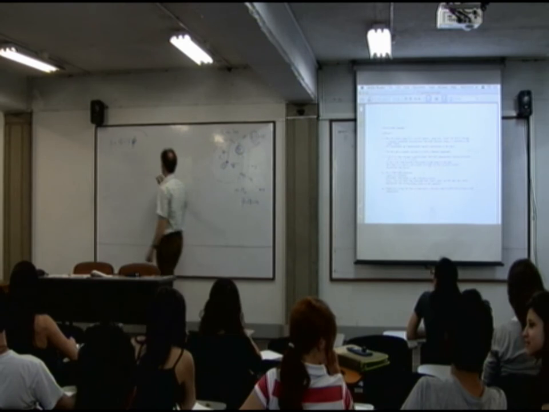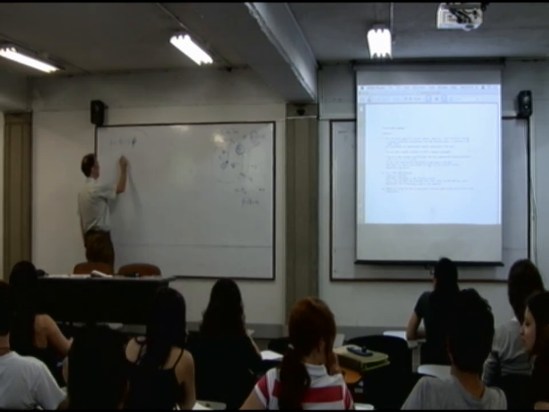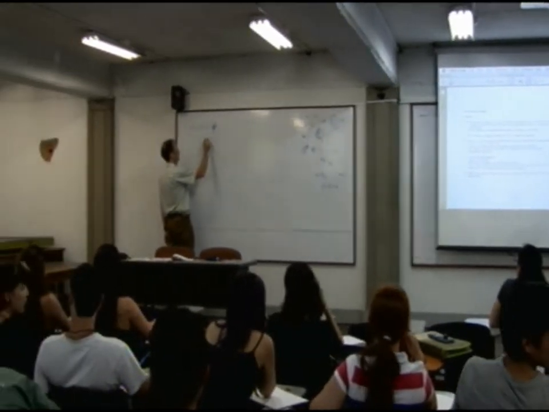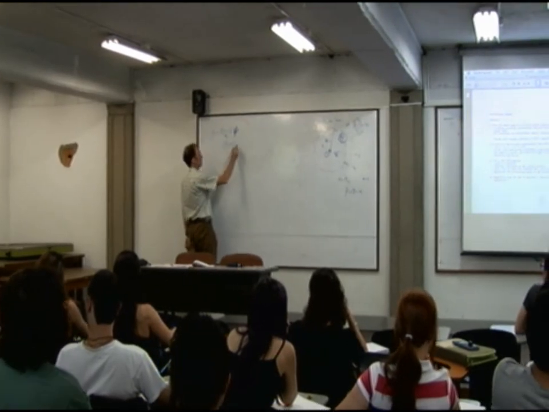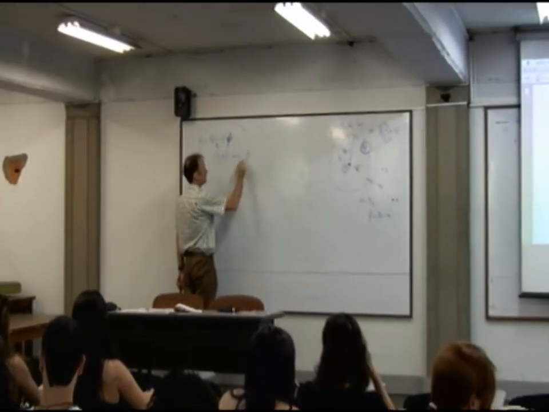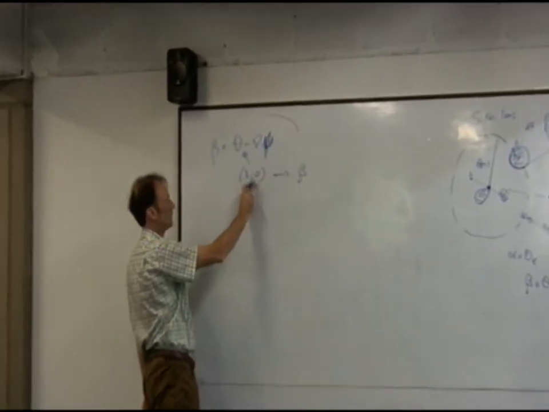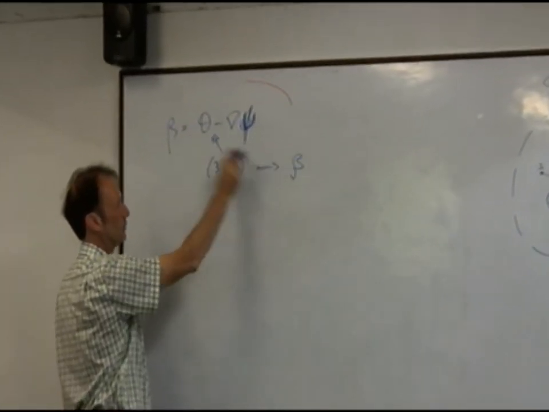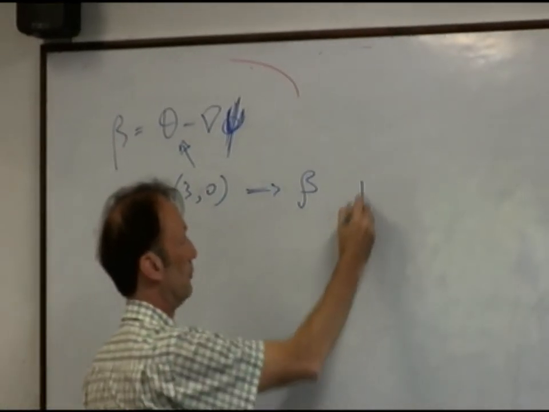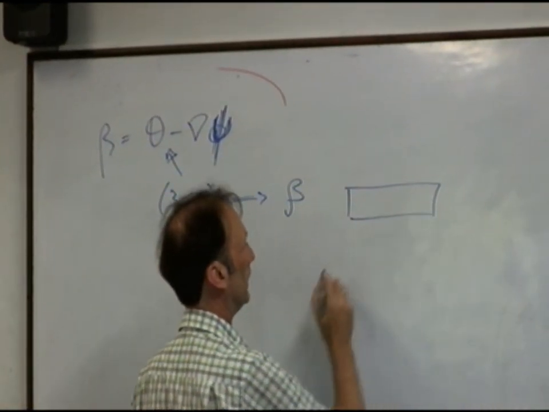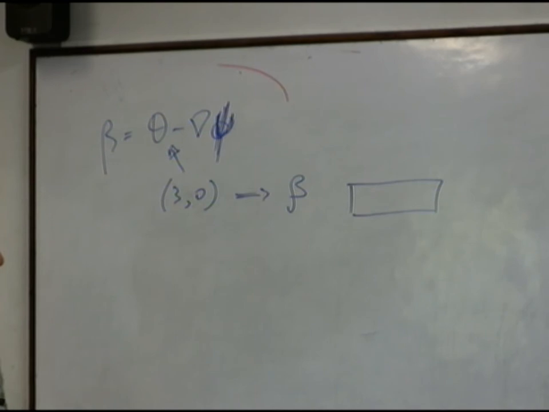I gave you 4 potentials and the image position 3, 0. You simply work out the gradient of the potential at this position, subtract it off, and you end up with a very elongated source.